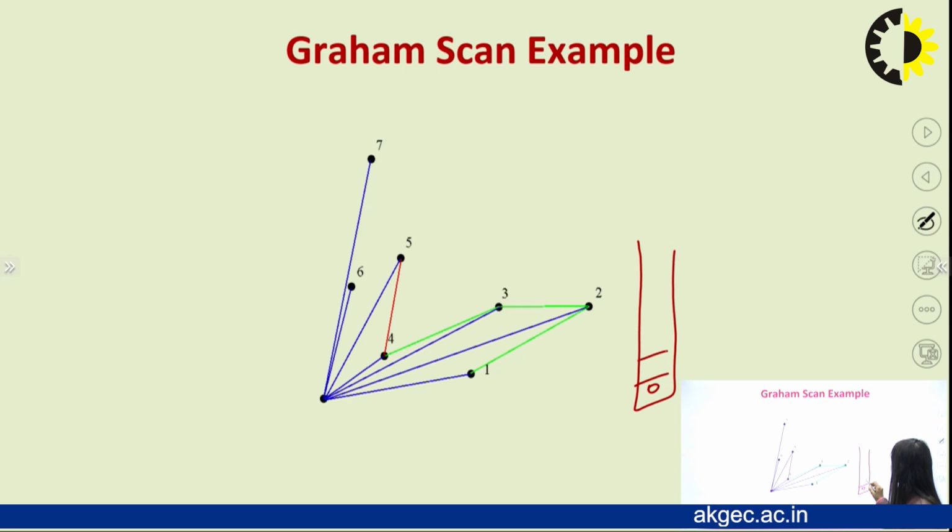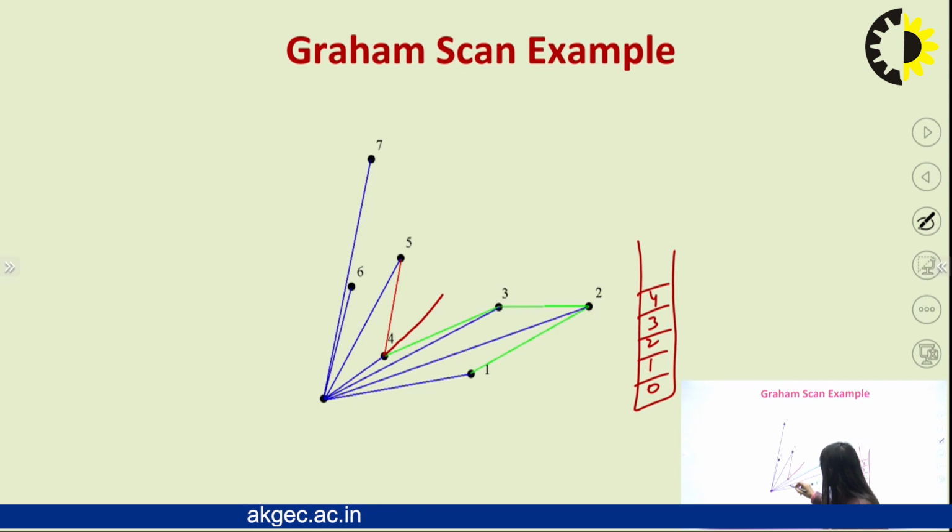So see, as I entered 0, 1, 2, 3 and 4, right? If I extend this third point, it lies out there.